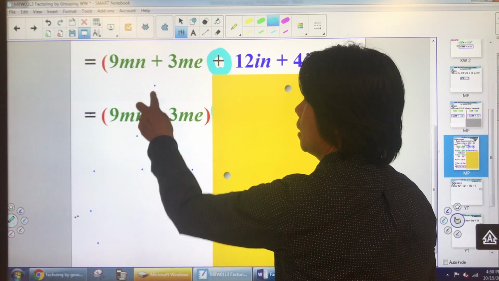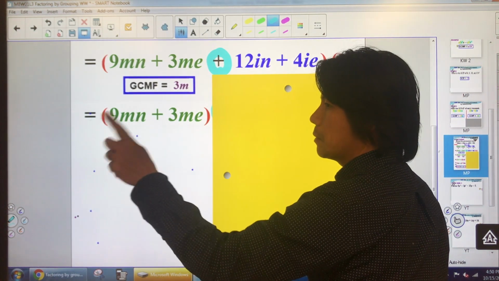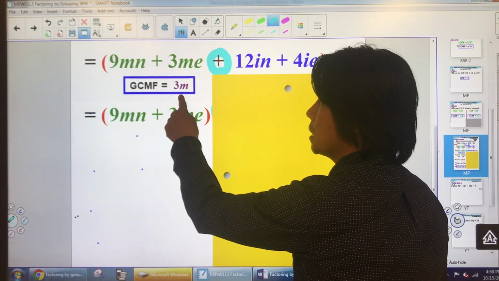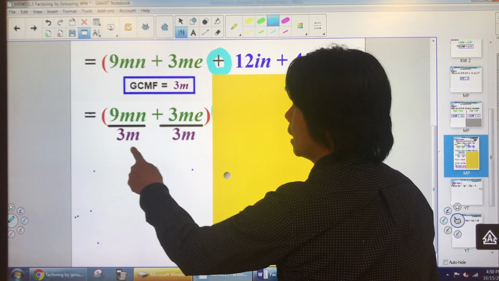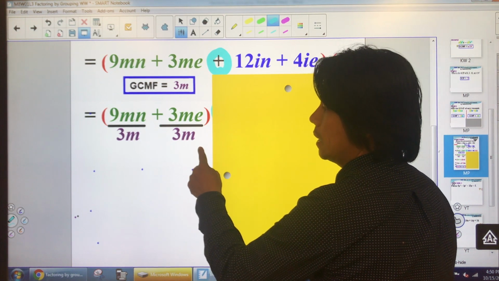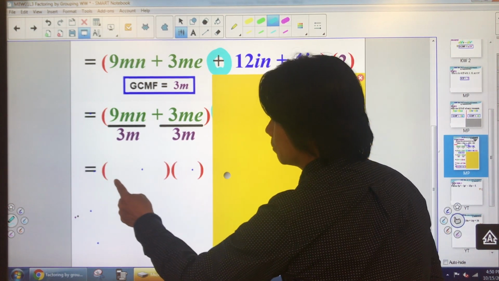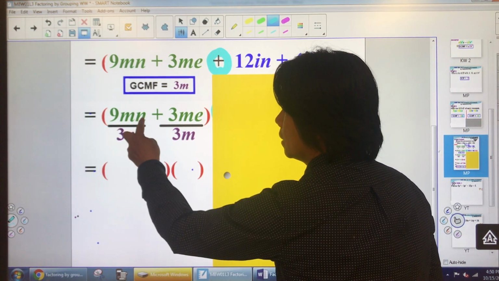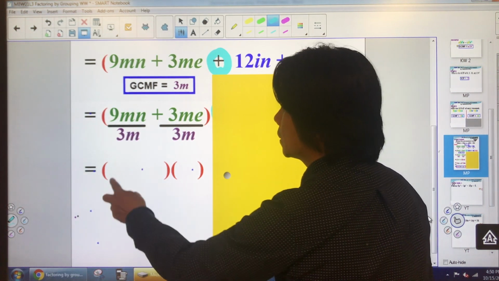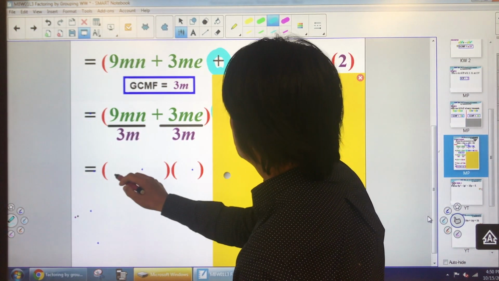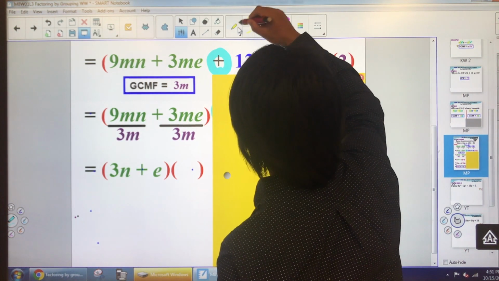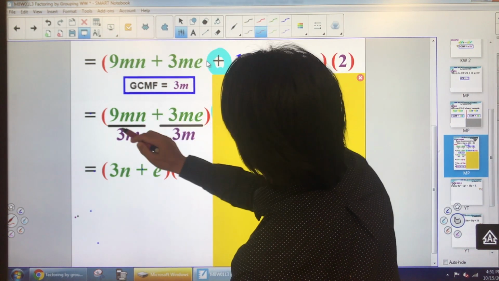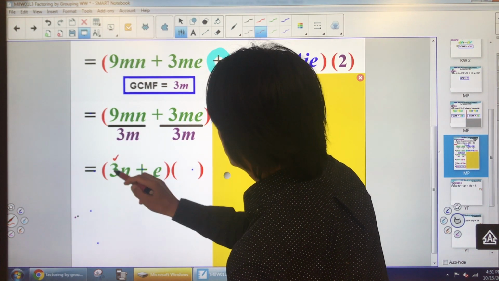What do you remember about this? From the recall, the GCMF is 3m. So what do we do with this? We divide each of them by 3m. And what's the result? So 9mn divided by 3m, that's 3n. How did I get that? 9 divided by 3 is 3.